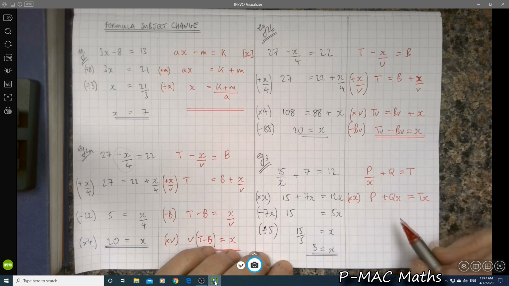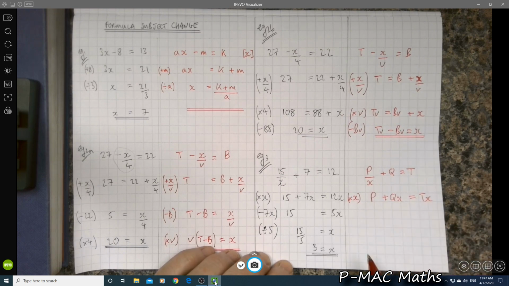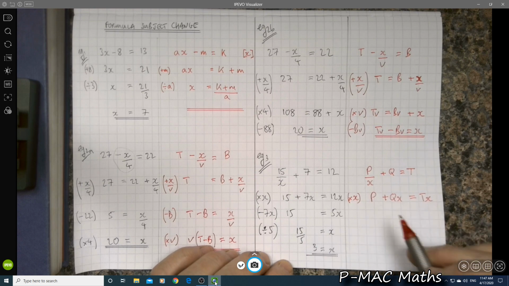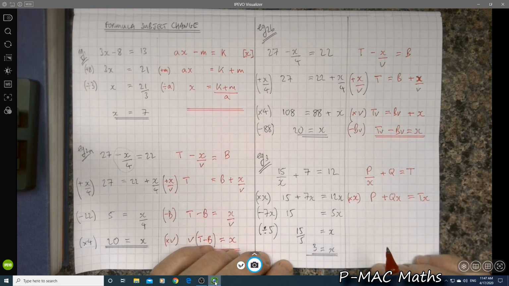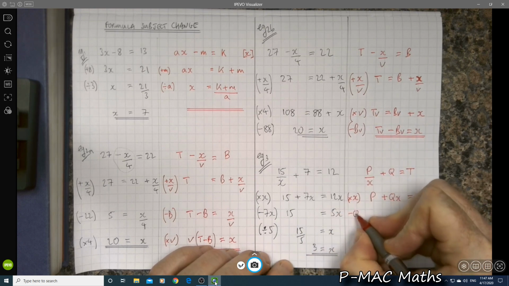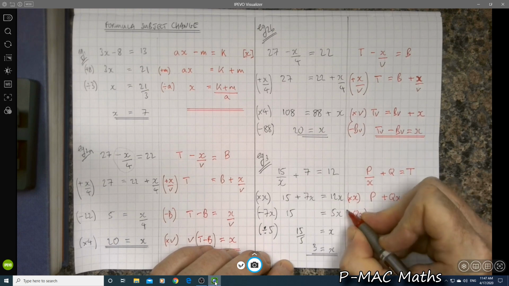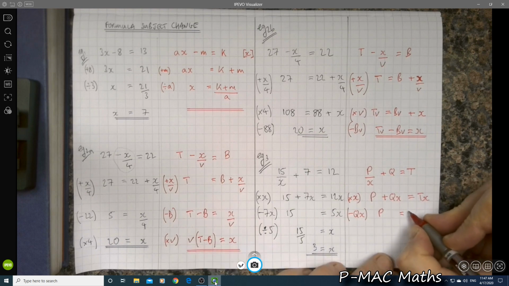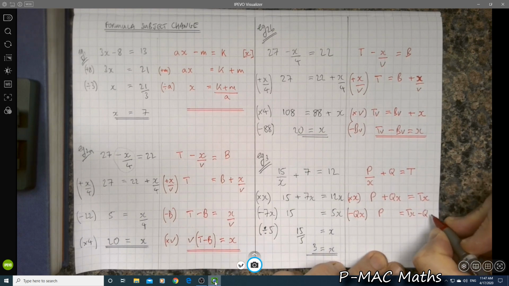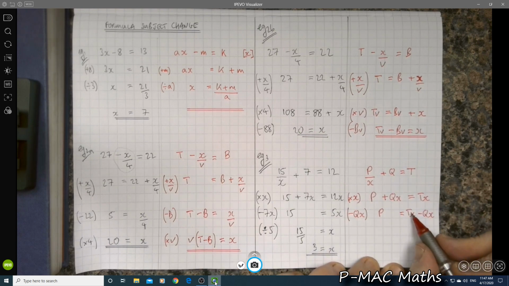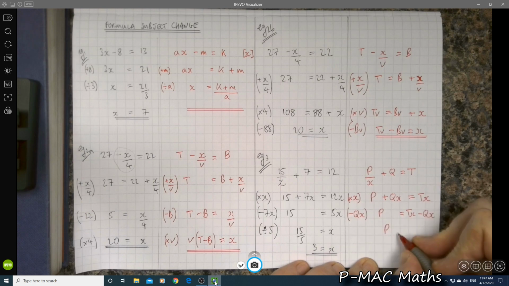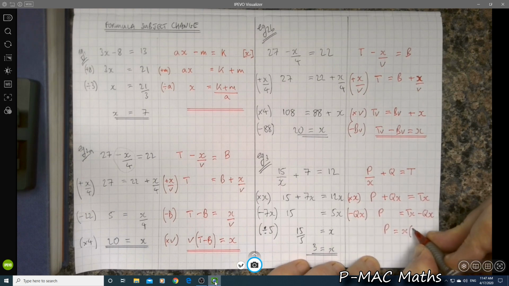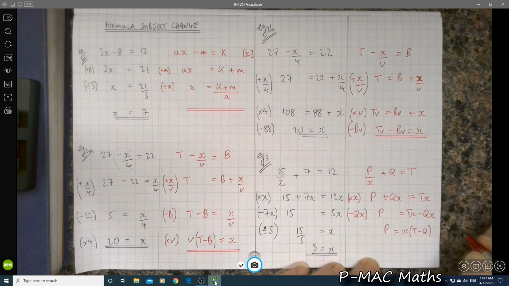Now this is slightly awkward here because again I've got x terms on both sides, and what I need to do is put my x terms on one side and my non-x terms on the other. So I'm going to subtract qx from both sides. P equals tx minus qx. And I can tidy things up here by factorising the x out of these two terms. So P equals x brackets t minus q.